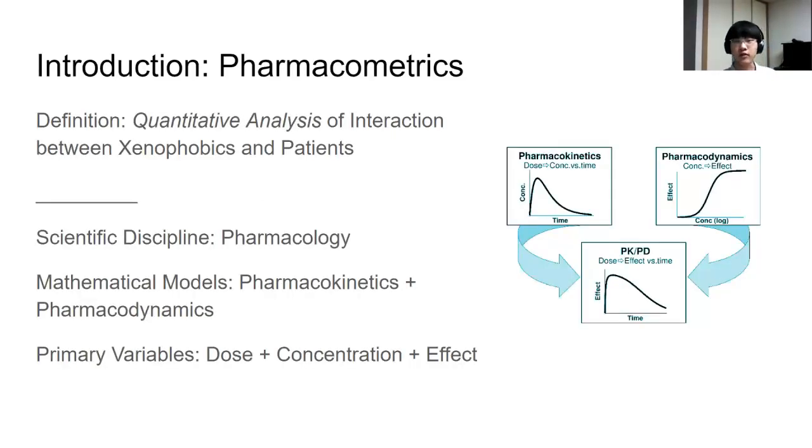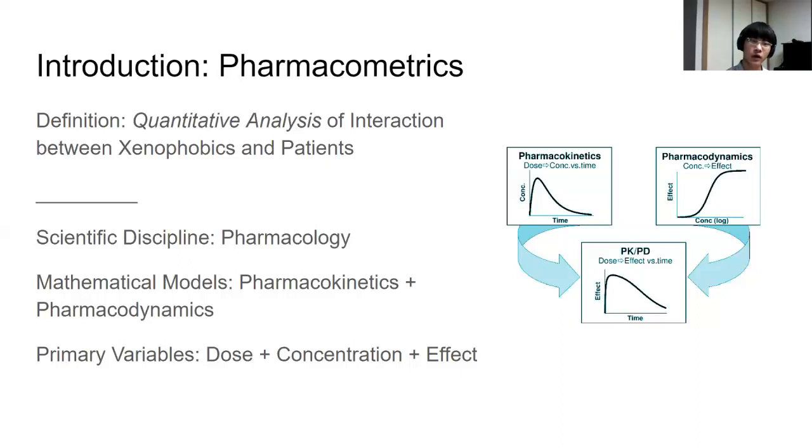Before we start, we need to understand the very definition of pharmacometrics, which is the broader family or branch of pharmacology, like pharmacokinetics. The definition of pharmacometrics is a quantitative analysis of interactions between xenobiotics, which are drugs that are foreign to our body, and the patients themselves.